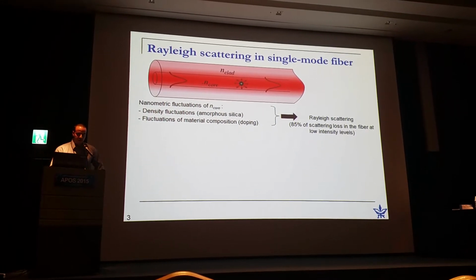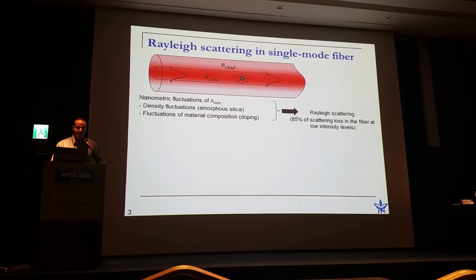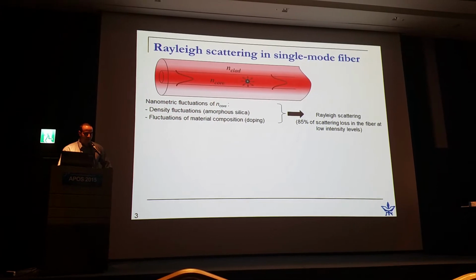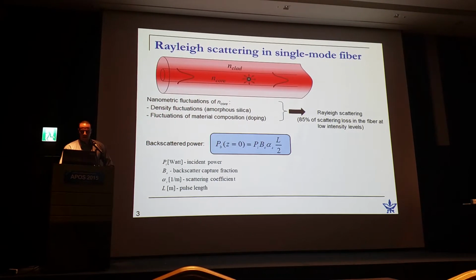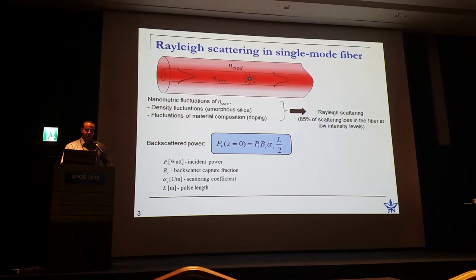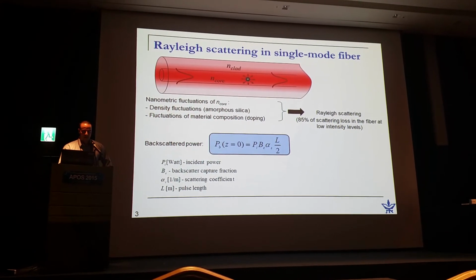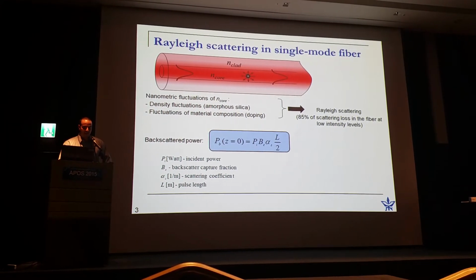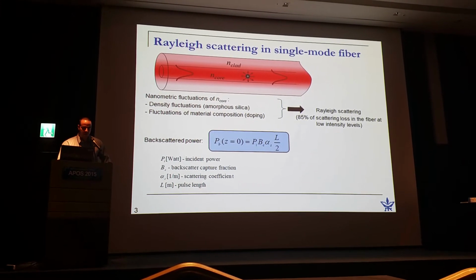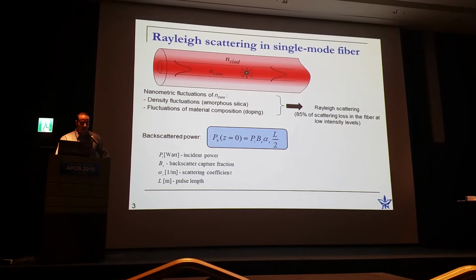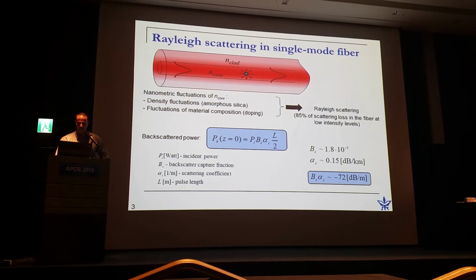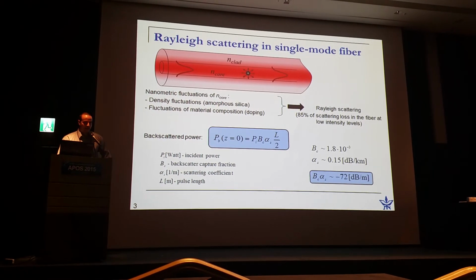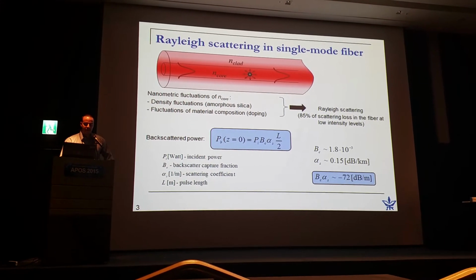In total, Rayleigh scattering comprises some 85% of the scattering loss in the fiber, of course at low intensity levels. The backscatter power can be calculated by a simple equation: the product of the incident power, the backscatter capture fraction, the scattering coefficient, and half the pulse length. The capture fraction in single mode silica fiber is in fact very low.